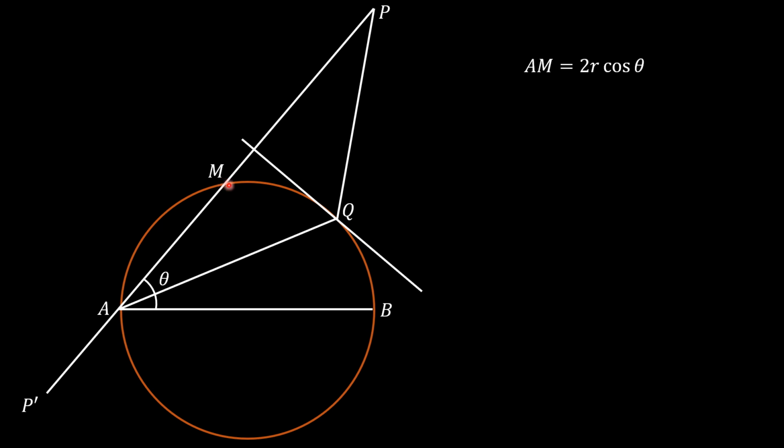And so AM being 2R cosine theta, MP is going to be half of the 4R, which is 2R. So AP being AM plus MP, it means that now AM being 2R cosine theta, MP being 2R, AP becomes 2R times 1 plus cosine theta.